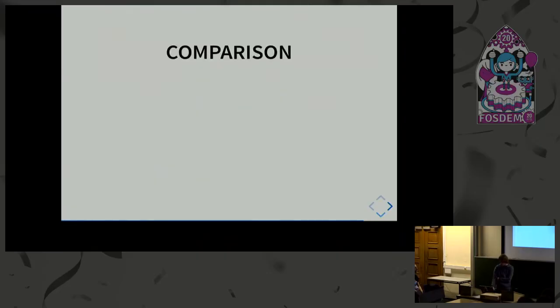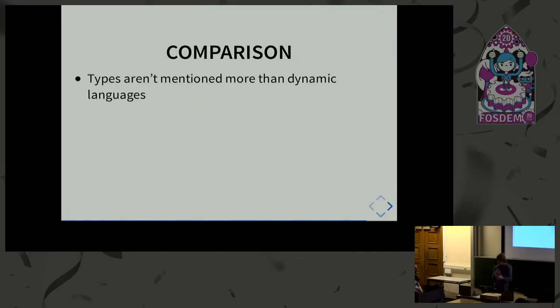So we're going to end up with a comparison of how Crystal does as a dynamic language versus a statically typed language, and how it compromises between the two. Types in Crystal aren't mentioned more than in dynamic languages. So you can write Crystal code and it looks like Ruby, it feels like Ruby, and you don't have to write types all over the place like Java or C#.